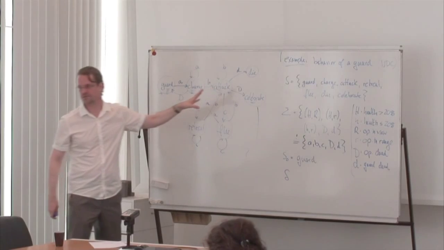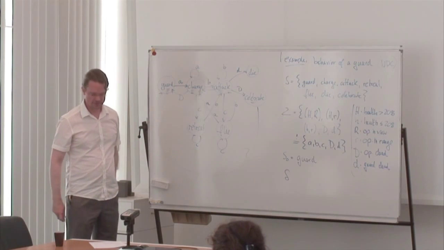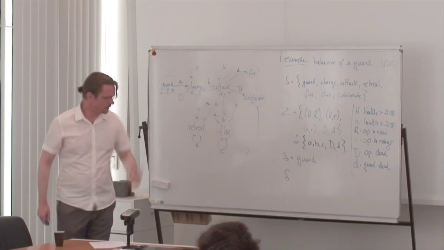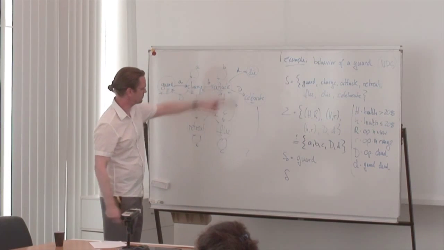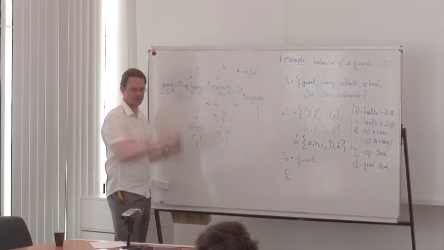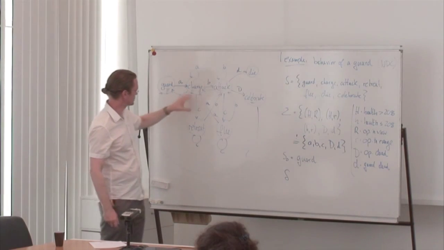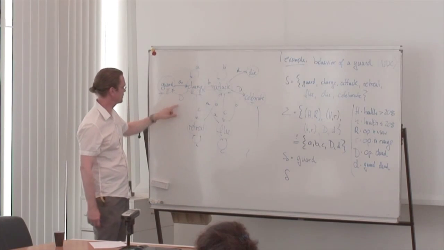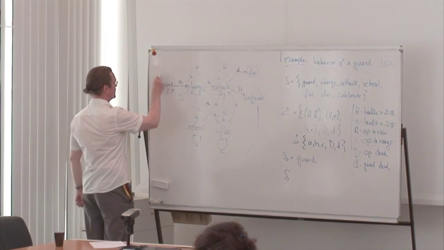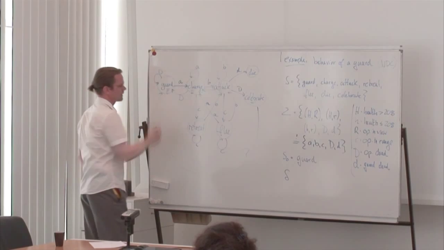It may not die in the celebration state. This is not counted here, right? In each of these states, the opponent may die, and so there are lots of arrows pointing from here to there, from here to there, whatever. The only ones where this is not the case are here and actually here.